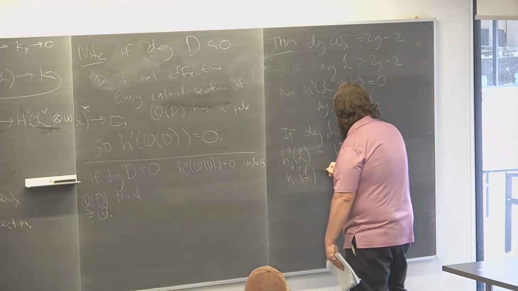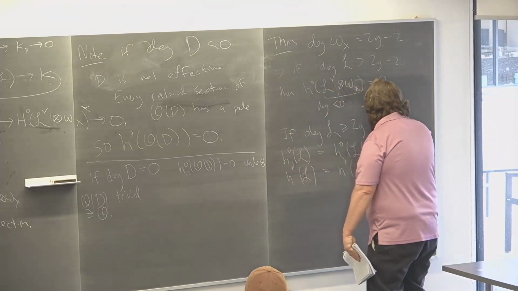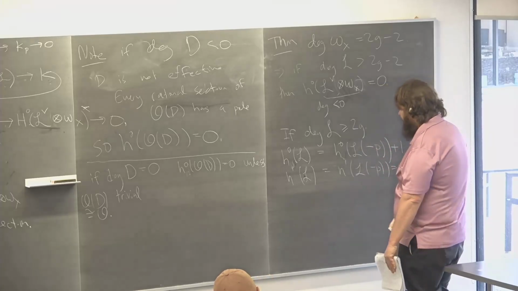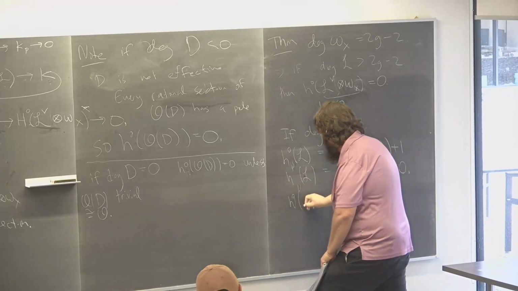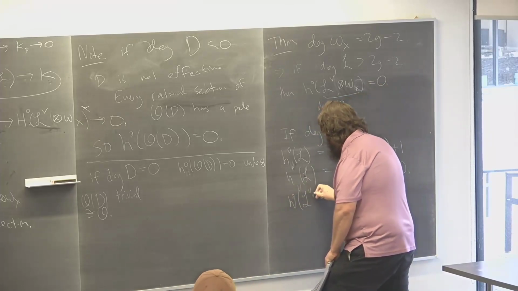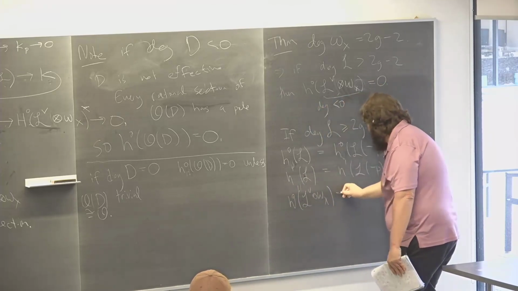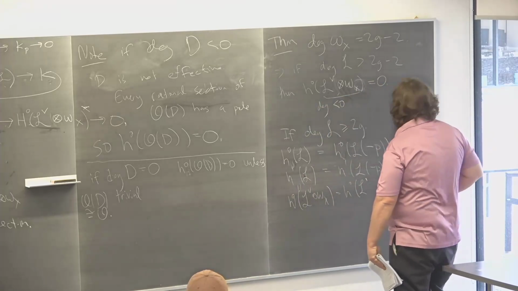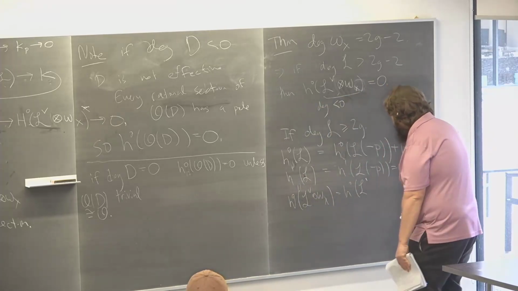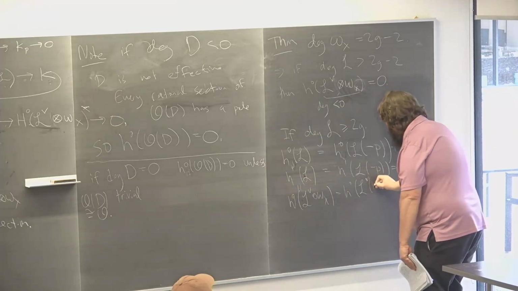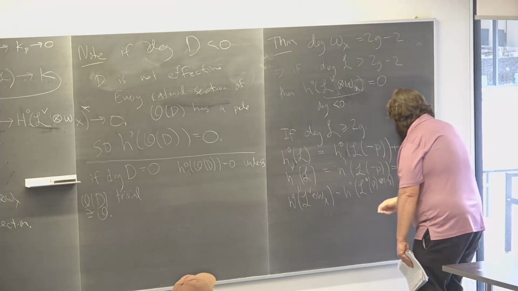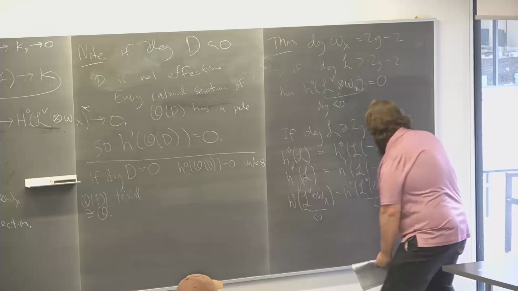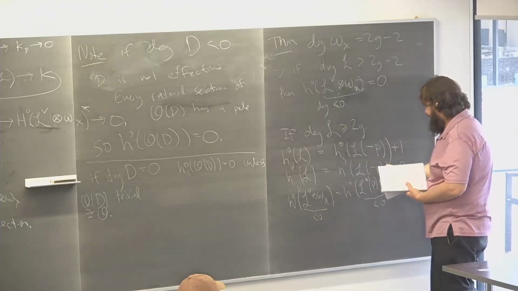Because I know that all of these H1s are 0 by this theorem, because this is the same as H0 of L dual, with a P, tensor the canonical bundle. So these, again, both have negative degree. So they're 0.